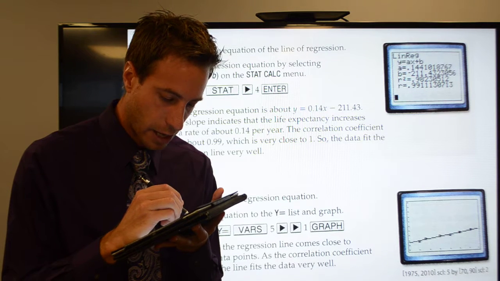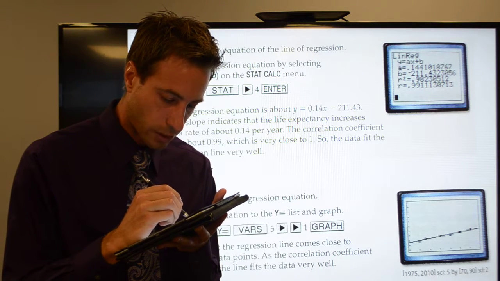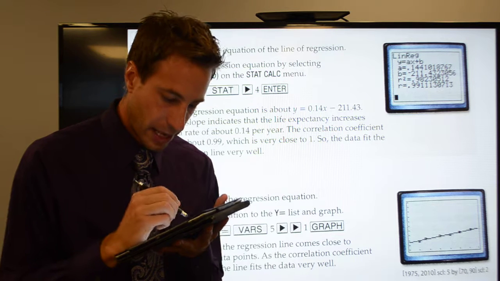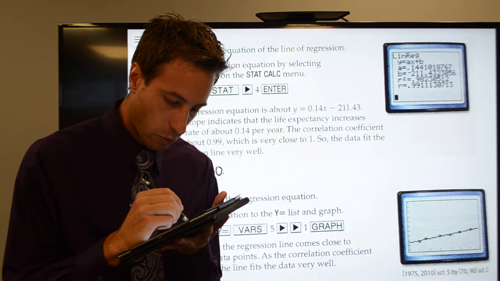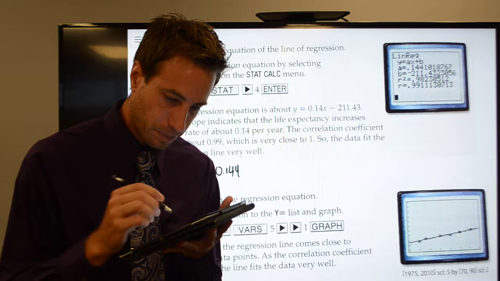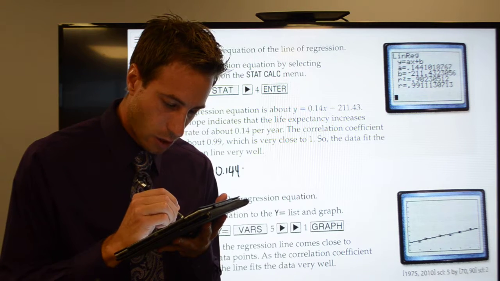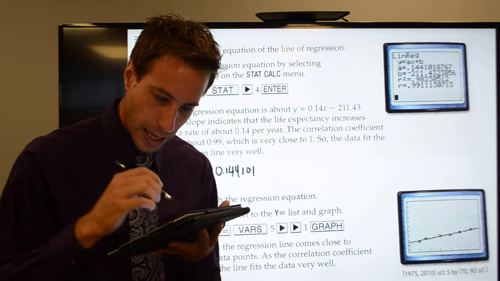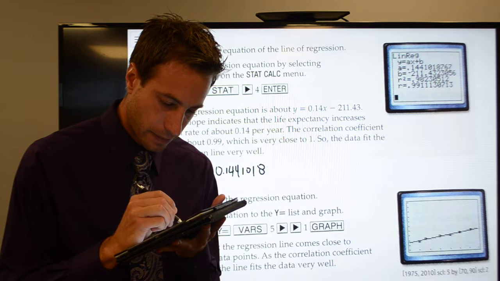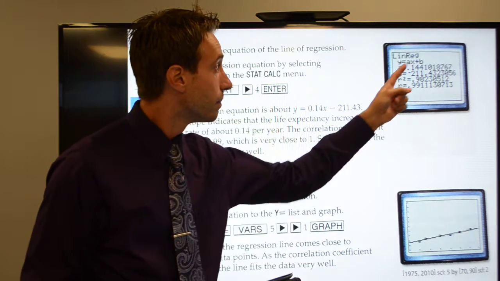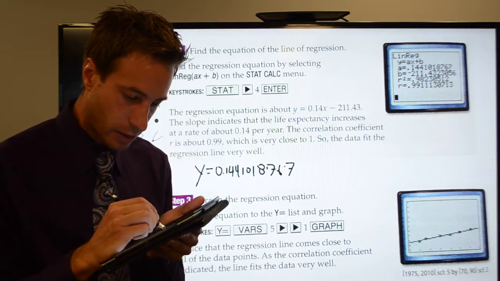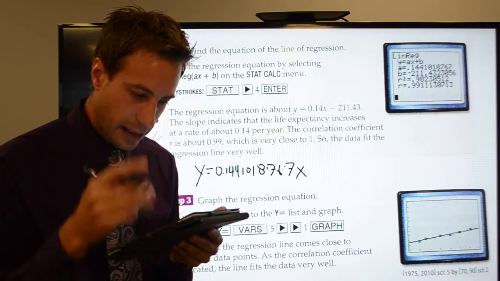You can handle it. So we're going to have y equals, my slope is 0.1441018767. That's a. So then I'll have an x after that. So x. And then let's see here.